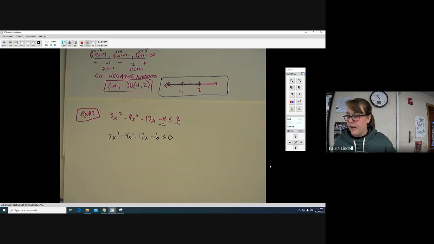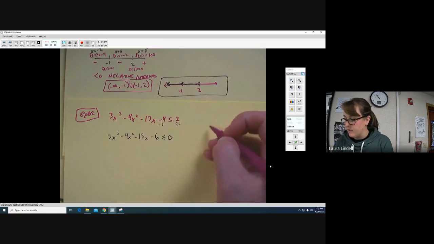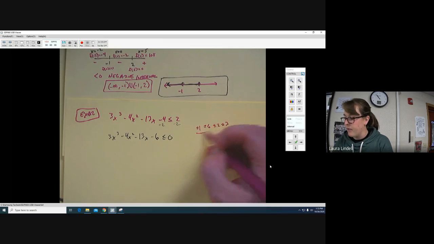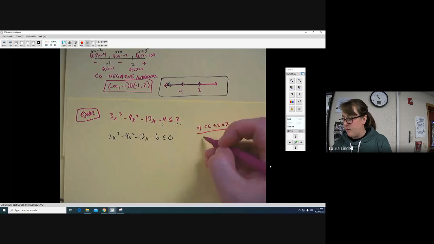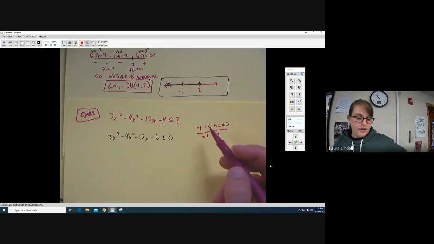You could, again, like we had up here, figure out what to divide out because we'd have the factors of -6. So we'd have plus or minus 1, plus or minus 6, plus or minus 2, plus or minus 3. And then the factors of 3, which are plus or minus 1 and plus or minus 3. But then as you can see, we would have a lot more things we need to check.